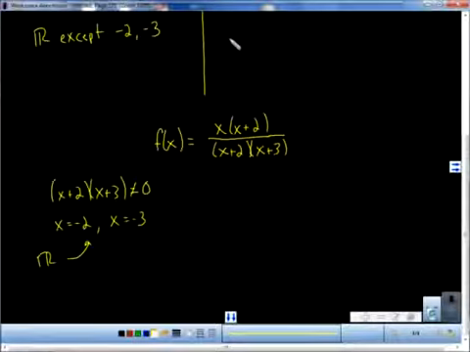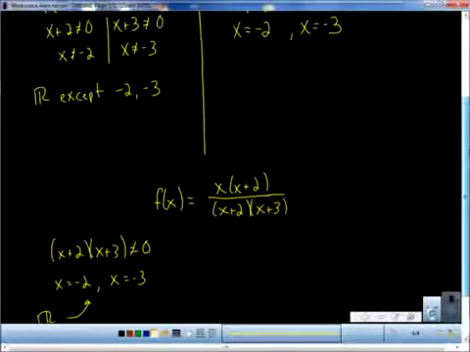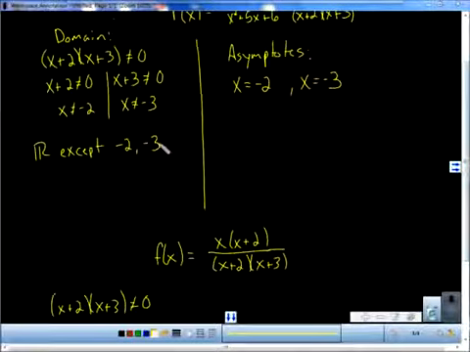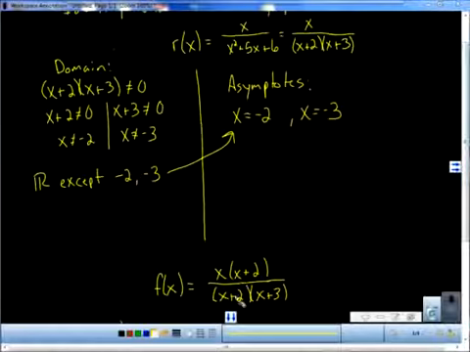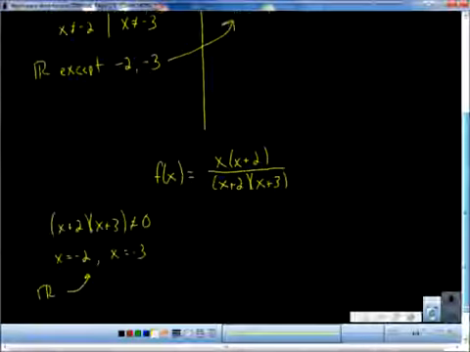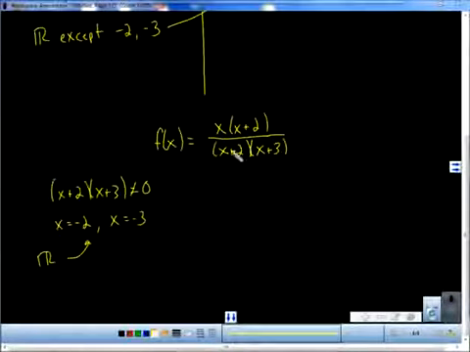And in the previous problem, we just took our excluded values from our domain, and we found x equals negative 2 and x equals negative 3. That only works if the factor x plus 2 and the factor x plus 3 are not also factors of the numerator. So if you look down here at this problem, the f of x, x plus 2 is a factor of the top and the bottom.